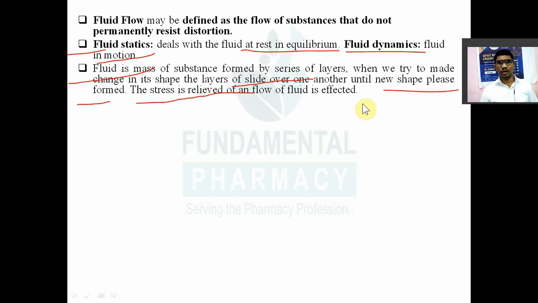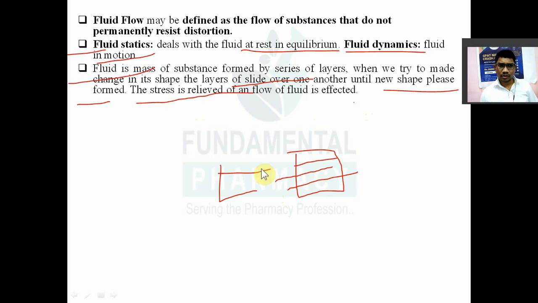The fluid flow will be affected, means if you apply a pressure, suppose you have this kind of mass, so fluid mass is made up of layers. If you apply some pressure over here in the form of stirring or something else, how will it flow? It will change the shape like this. So the layers will be like this.